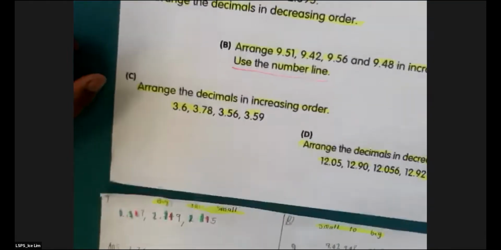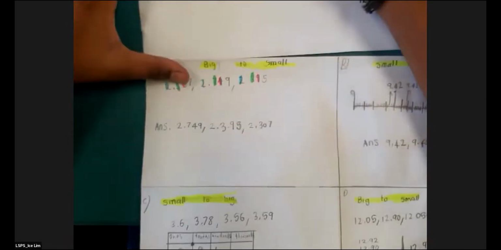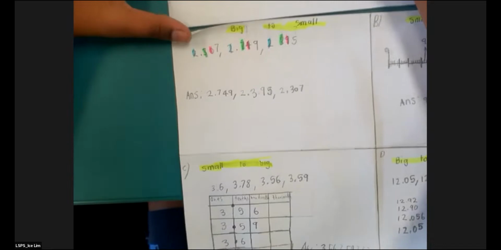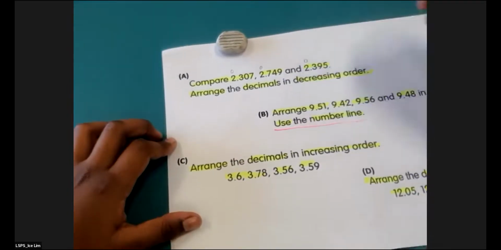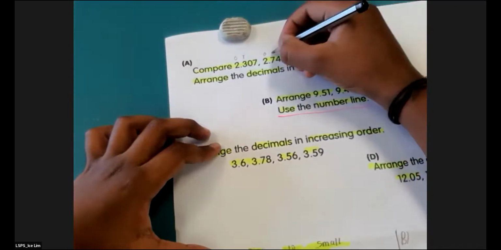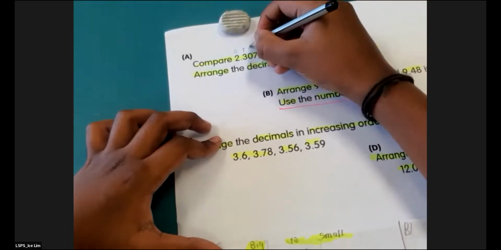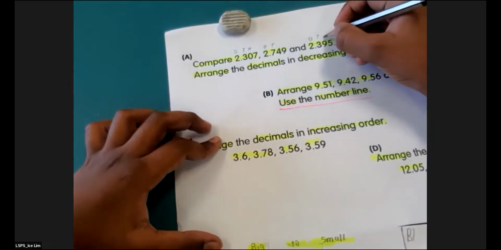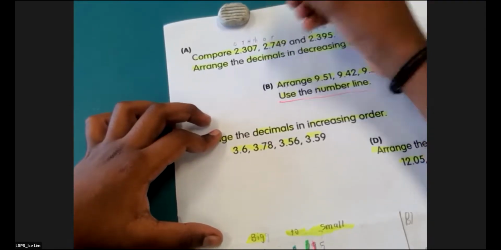First, we must look at the decimal. This is the one. This is the tens. This is the hundreds. And this is the thousands.